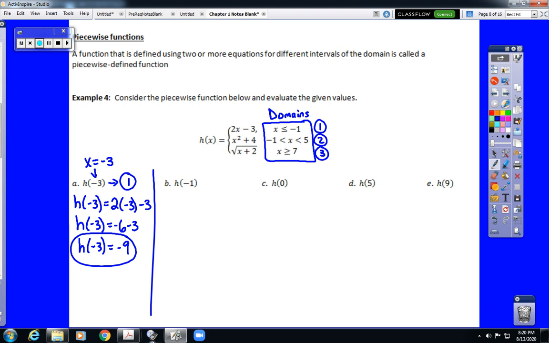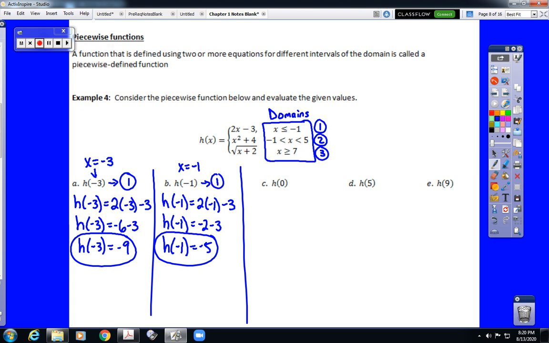The second one, h of negative 1, is the same piece because less than or equal to negative 1 is the top piece. So this is also piece 1 because x is equal to negative 1. That would be 2 times negative 1 minus 3, so h of negative 1 is negative 2 minus 3, which is negative 5.